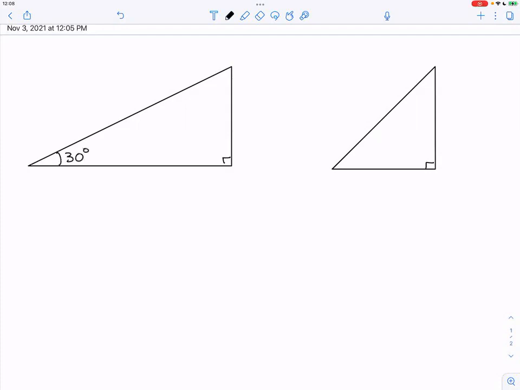And how special are they? This is the 30, 60, 90 degree triangle, and this is the 45, 45. Okay. Now, I'm going to label the shortest side as S. I'm going to ask you now to label these sides.